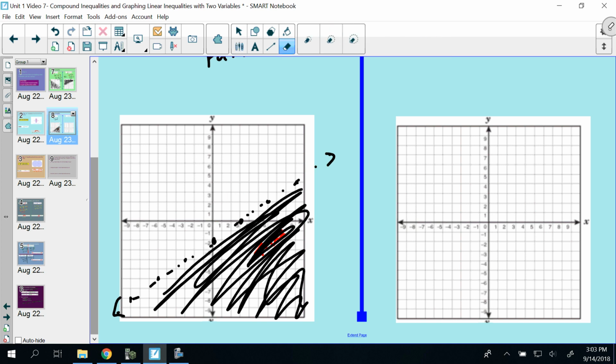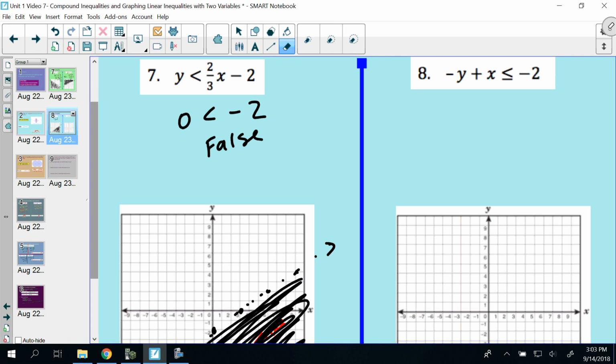All right, one more of these here just to make sure. This one, with getting it in slope intercept form, we'd want to get that x to the other side again by subtracting an x. That cancels that out. Now, writing out the rest of this, we're not quite to slope intercept form because we got -y is less than -x minus 2.